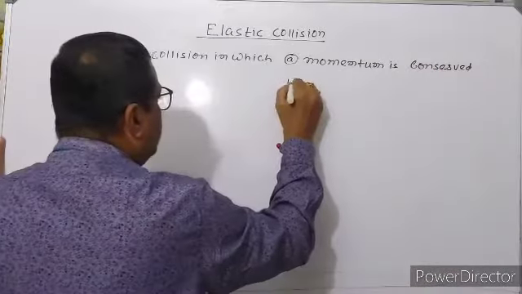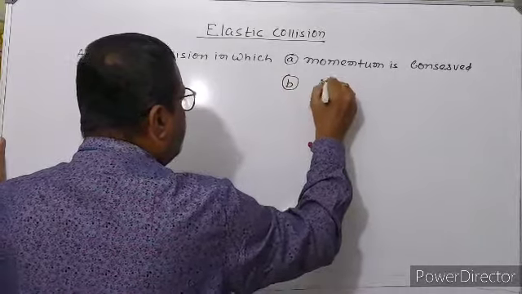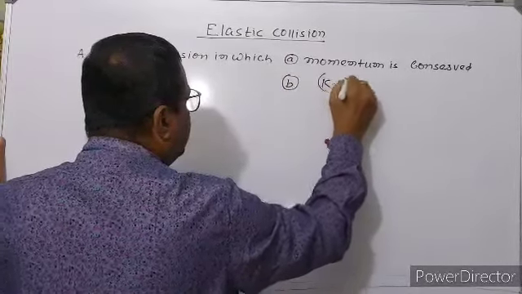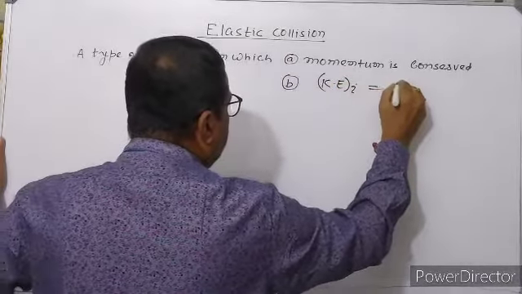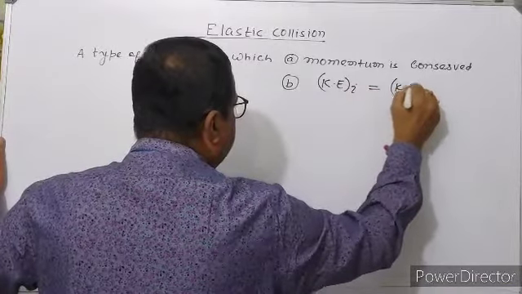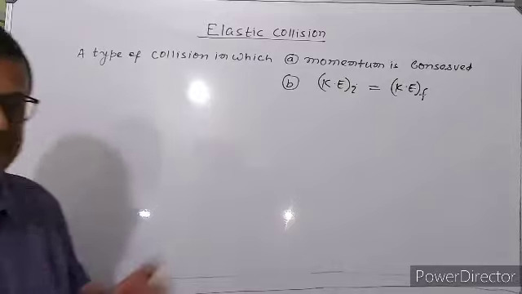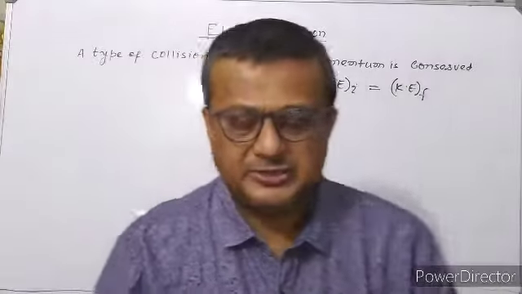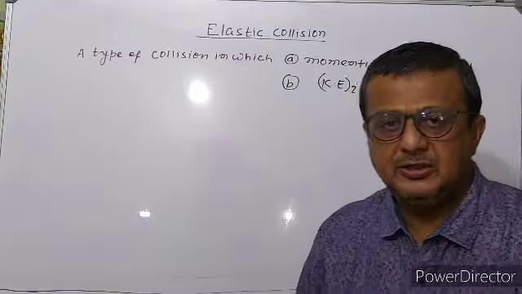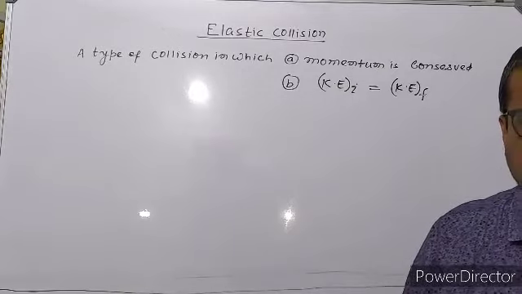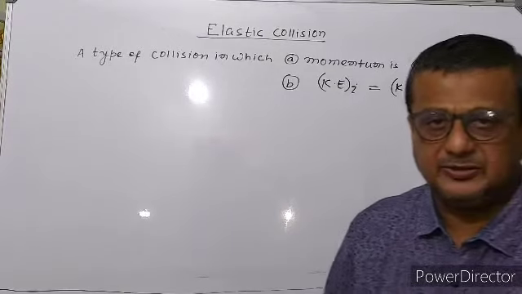Number two, initial kinetic energy is equal to final kinetic energy. Initial kinetic energy means total kinetic energy before collision is equal to total kinetic energy after collision.